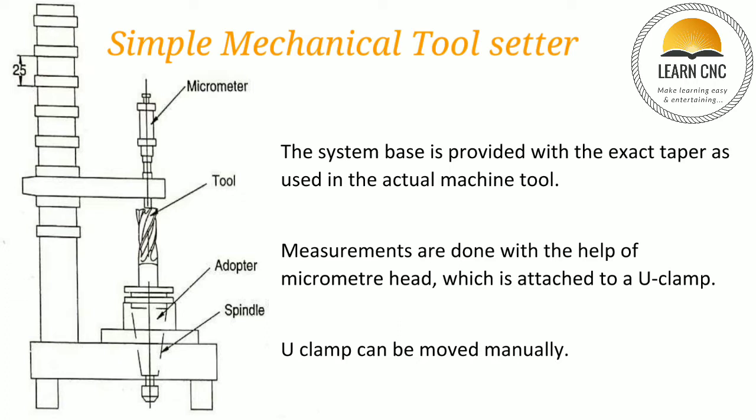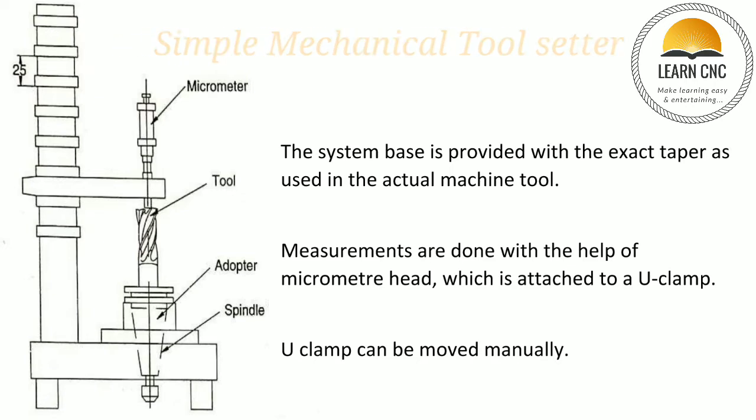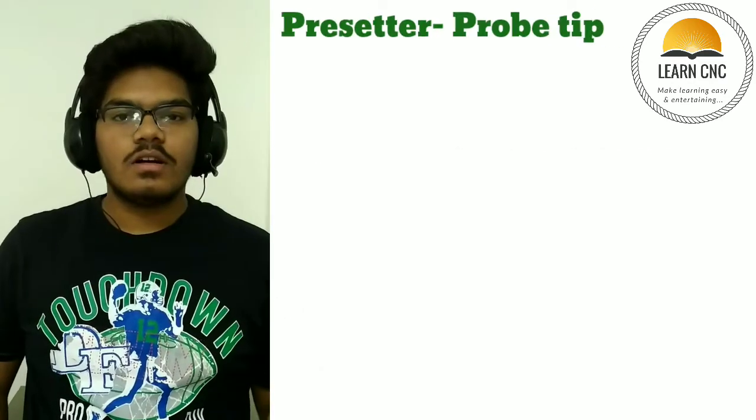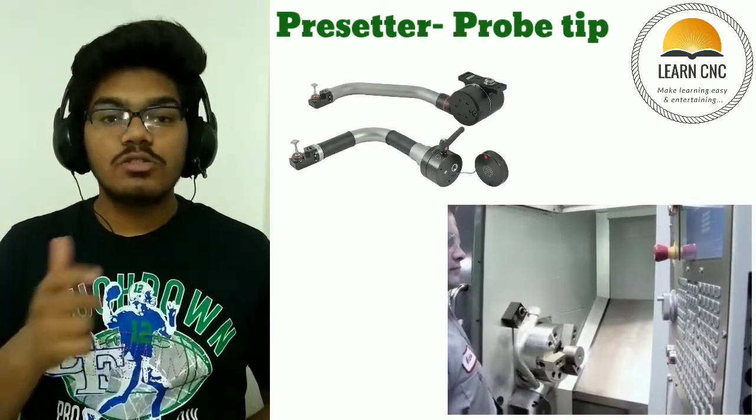The U-clamp can be moved manually on a post which has precise location slots that are separated by an exact distance, for example 25 mm. So the length of the tool can be measured by the measurement of the micrometer plus the slots along the post.